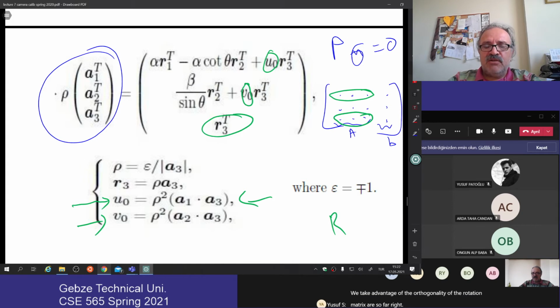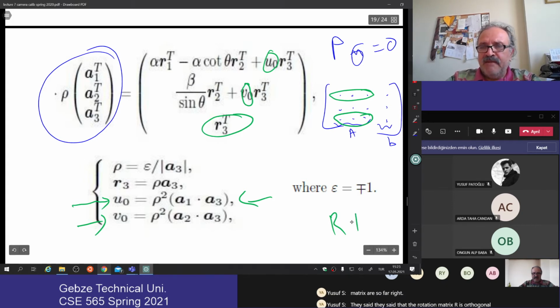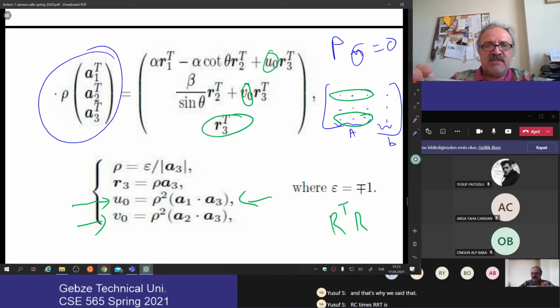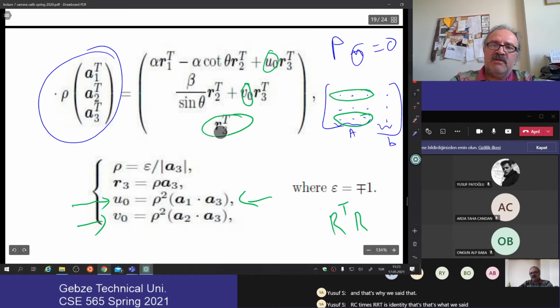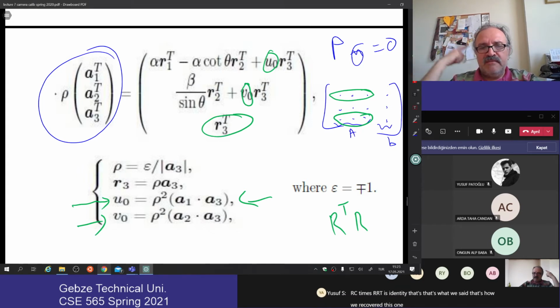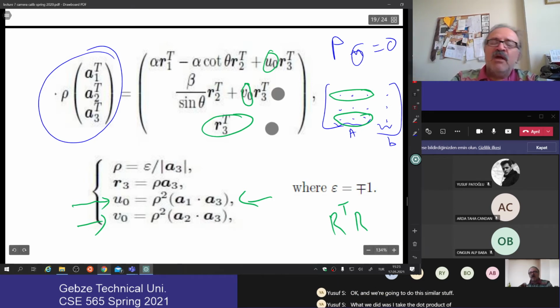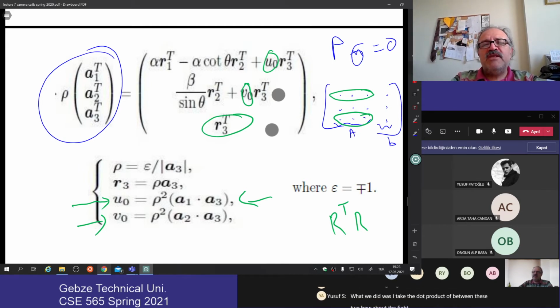We said that the rotation matrix R is orthogonal, and that's why we said that R transpose times R, or R R transpose, is identity. That's how we recovered this one up to a sign. We are going to do similar stuff. What we did was take the dot product between these two. How about if I take the cross product of these two?